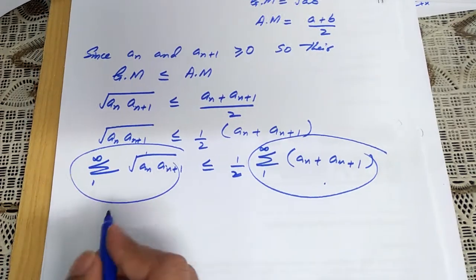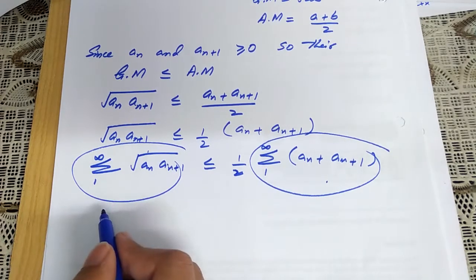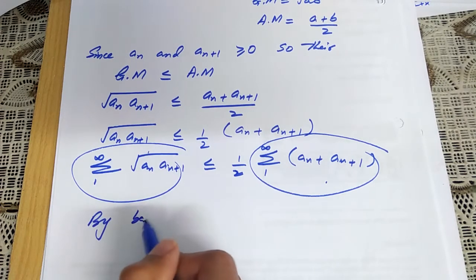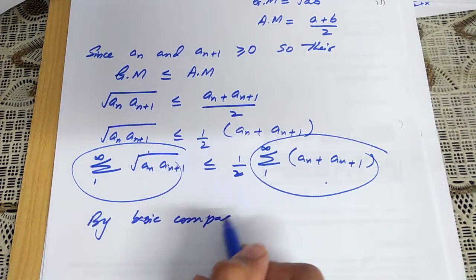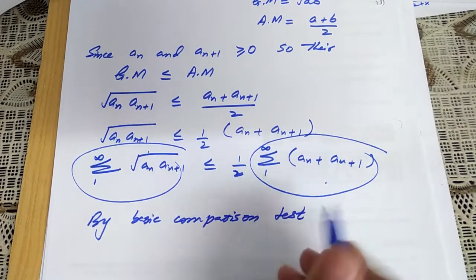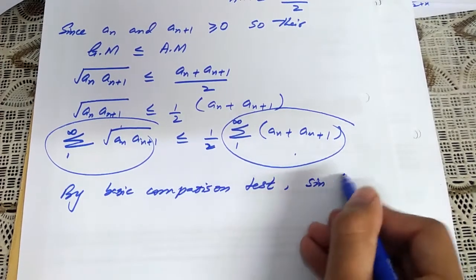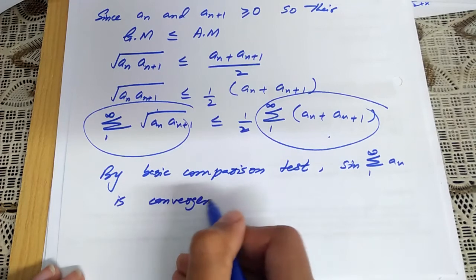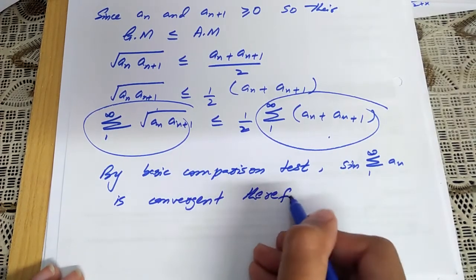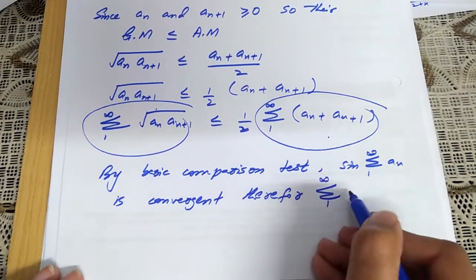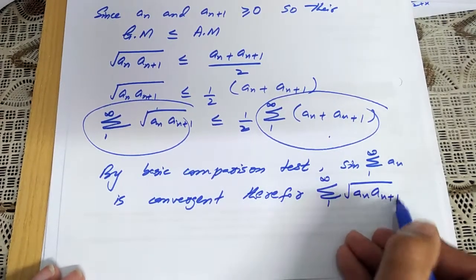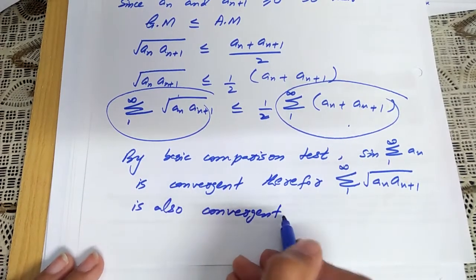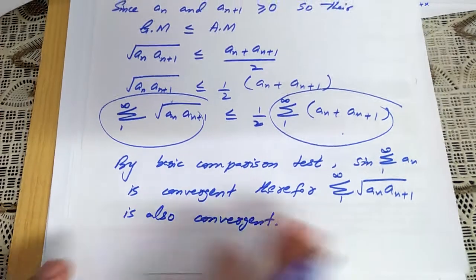You can use theorem 8.16 by basic comparison test: since summation 1 to infinity an is convergent, therefore your given series, summation 1 to infinity under root an an plus 1, is also convergent. So this question number 9 is proved here.